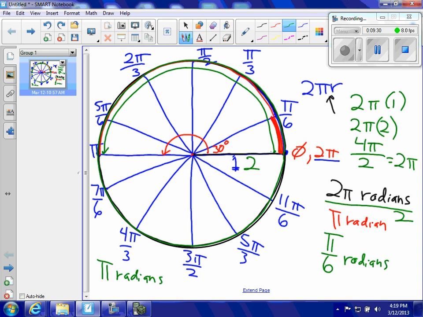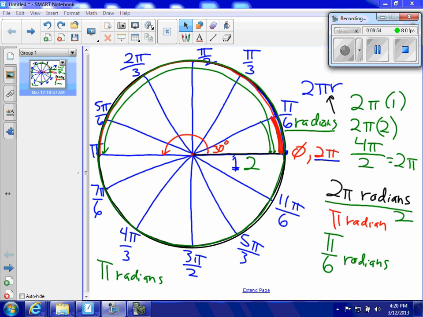And the distance from the beginning point to there is still pi over 6 radians. The measurement of the arc around the circle in terms of radians doesn't change just because I've changed the size of my radius. So what this leads me to is a very important concept.